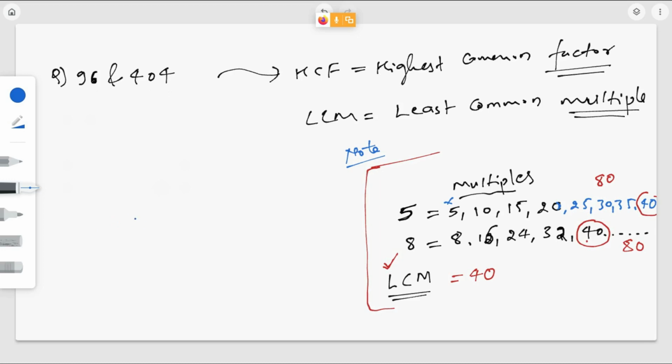Okay, so now tell me, you should be fast. If I give 4 and 6, what is the LCM? 4 and 6. Fast, what is the LCM of 4 and 6 without pen and paper? 12. The LCM of 4 and 6 is 12.